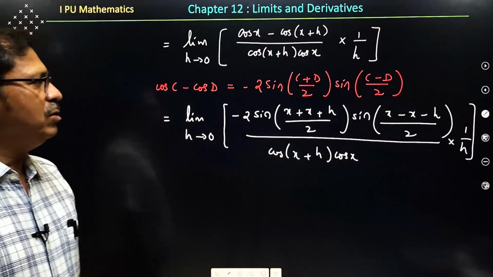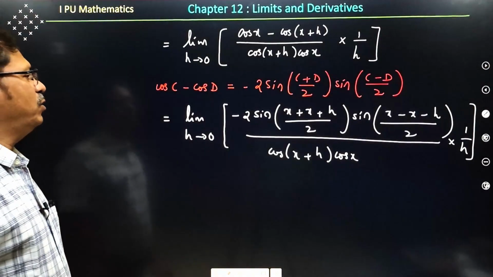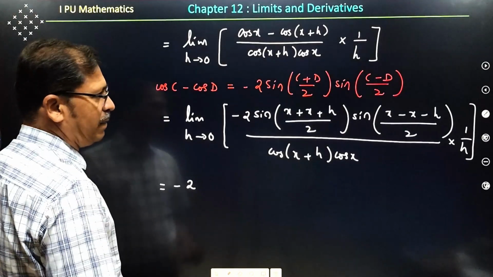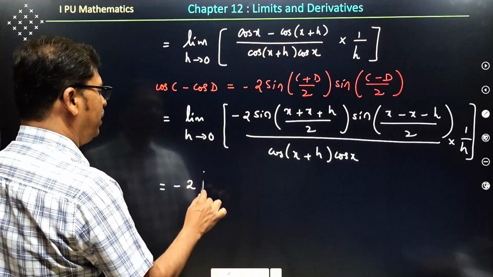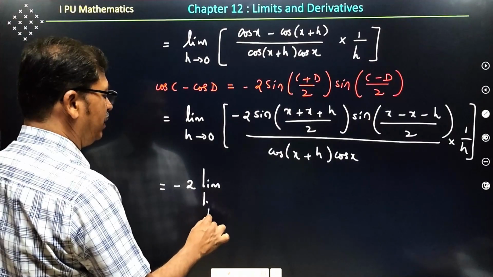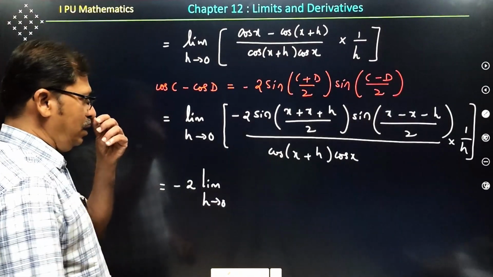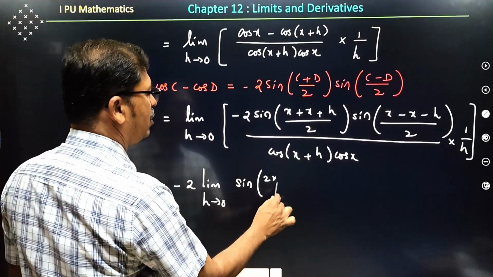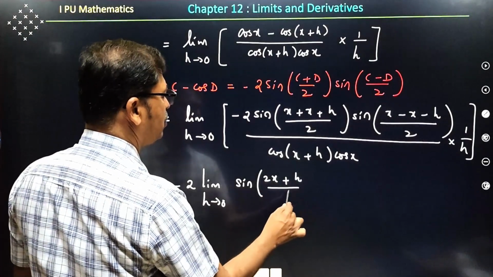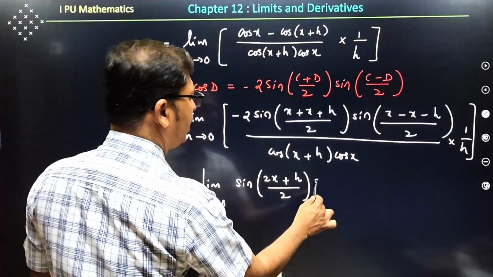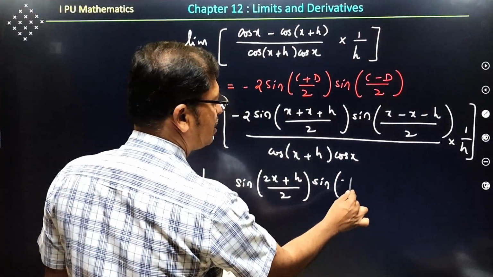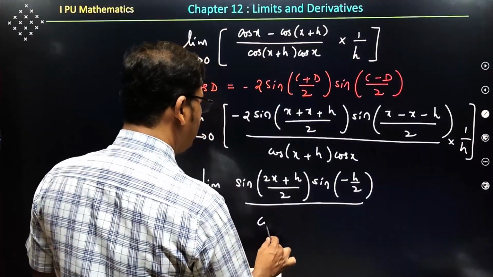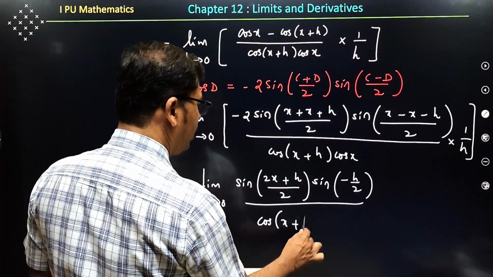Okay, so this is equal to, you take minus 2 outside here, and then limit h tends to 0, sin of x plus x is 2x plus h whole divided by 2 here, and then into sin of x cancels and this is minus h by 2, whole divided by cos of x plus h into cos x.